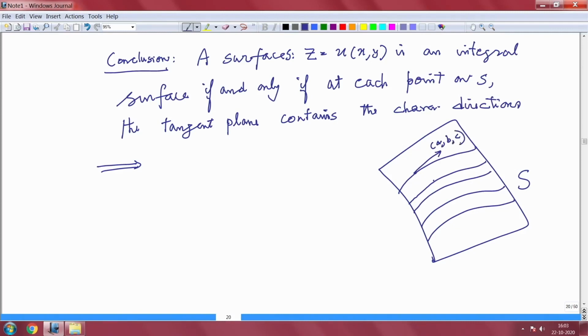Okay. That means you are looking for a curve on the surface, not on the plane now, such that the tangent is ABC. Once the tangent to the curve is ABC, that ABC will lie on the tangent plane. So, each curve has ABC as its tangent. These curves are called my characteristic curves, and I try to write my entire S as the union of all the characteristic curves.